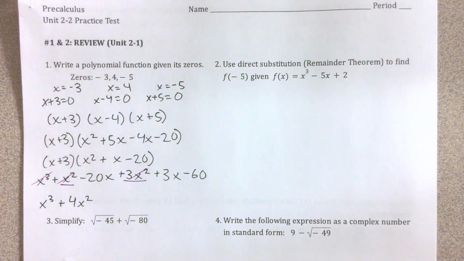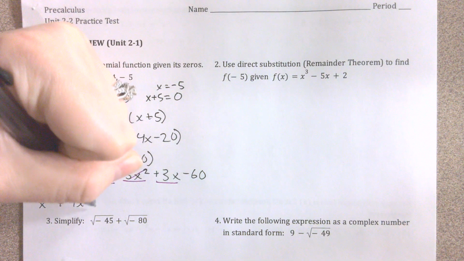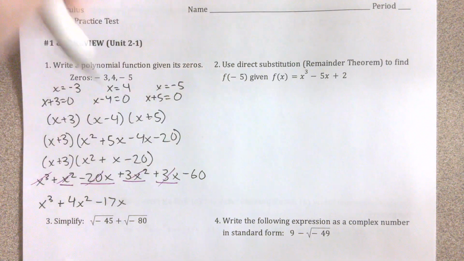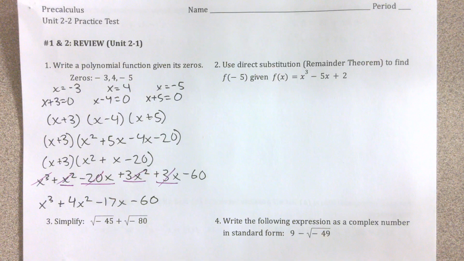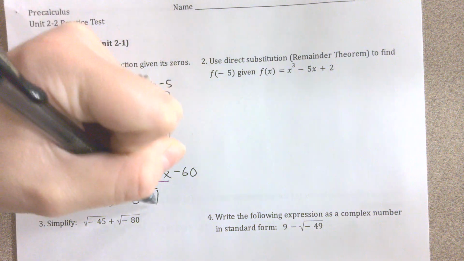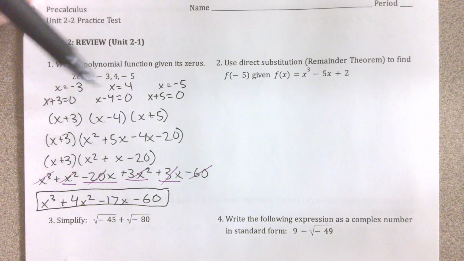And then I have my minus 20x and plus 3x. That's minus 17x. And then lastly, the minus 60 at the bottom. And there's the polynomial with these zeros.